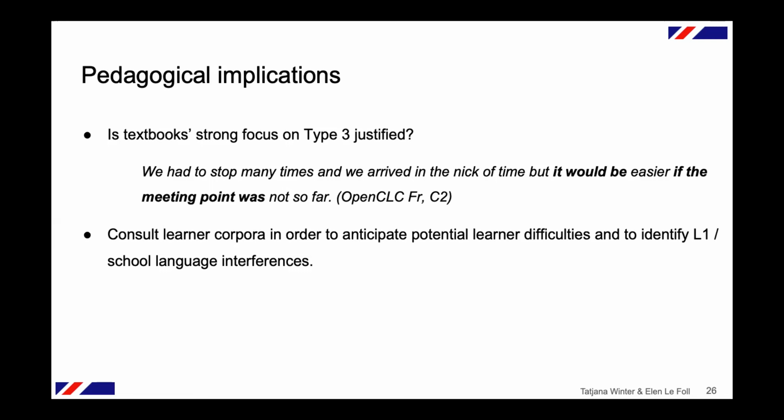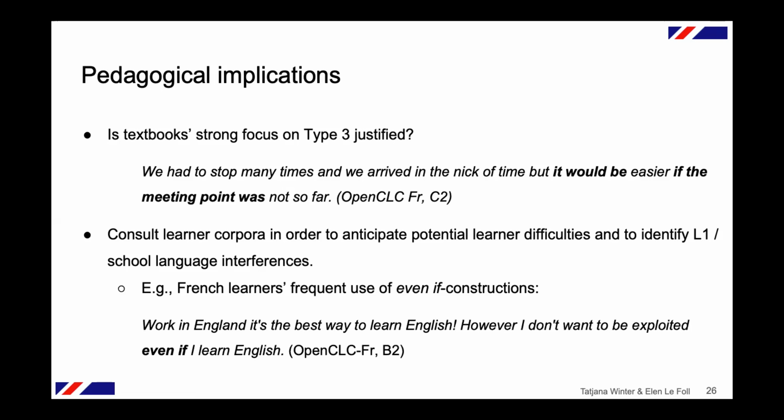For example, we noticed that the French learners in our subcorpus used even if conditionals quite a lot, like in this example sentence. And we think that this might be because French has an analogous construction, même si, which is much more frequent in French than even if is in English. And so this might be an instance of negative interference.